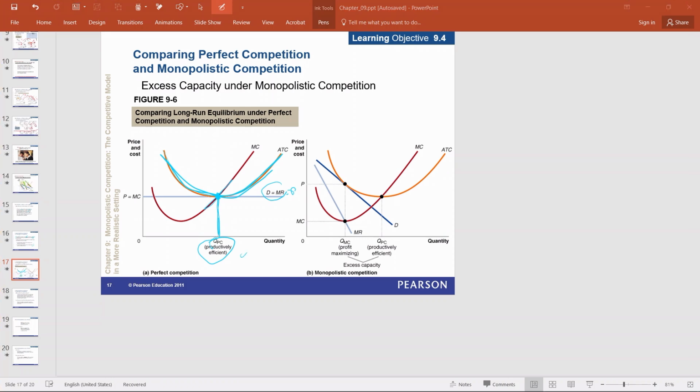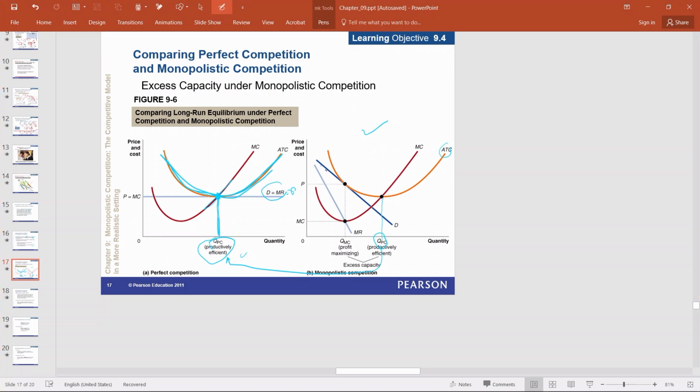But if we go to the monopolistic competitive market, which is this one, so this is the average total cost, and this is the minimum level of average total cost where production can be produced at this level, which should match this level in perfectly competitive market. But the demand curve in monopolistic competitive market is not perfectly flat in the long run.